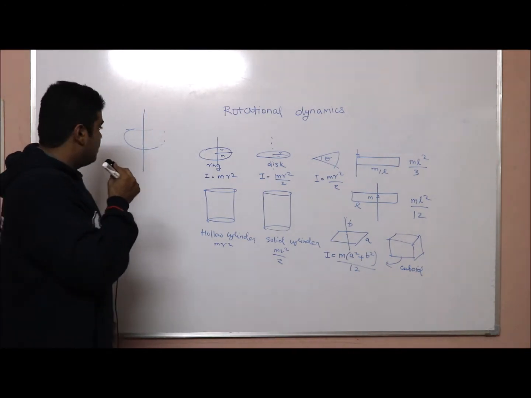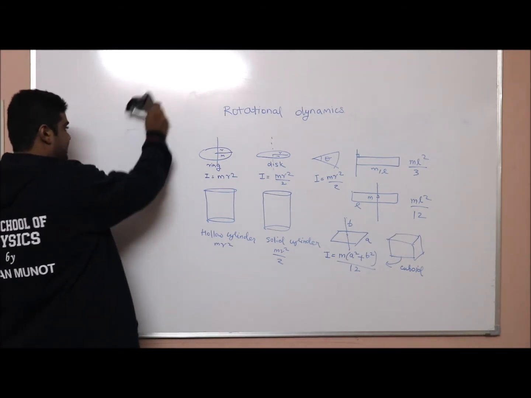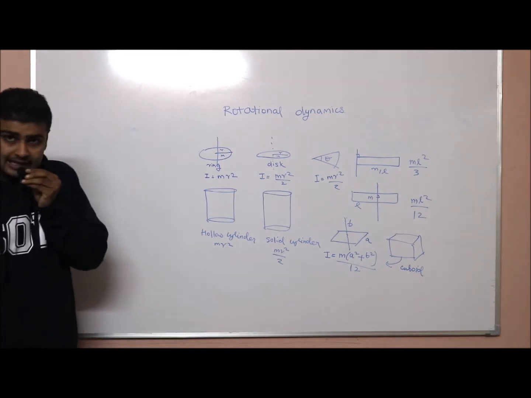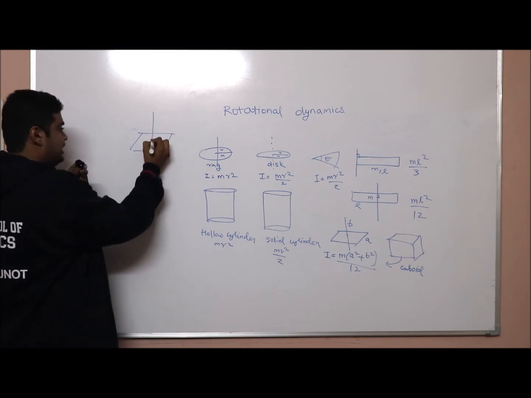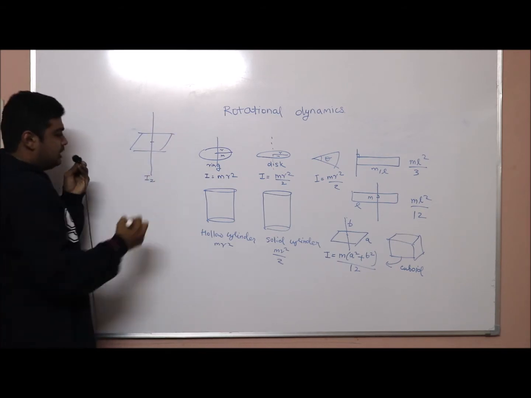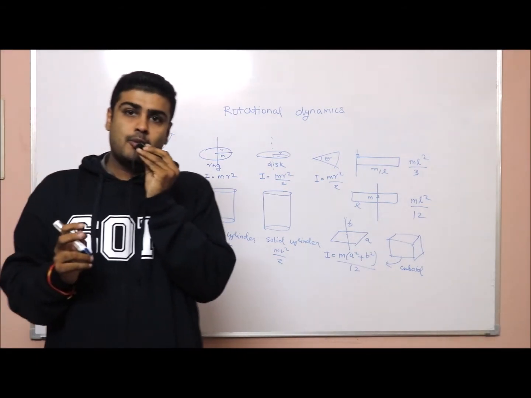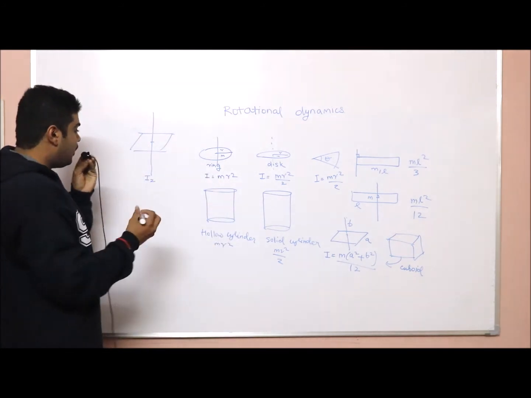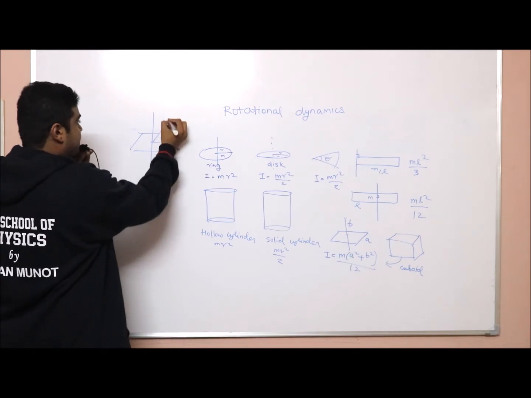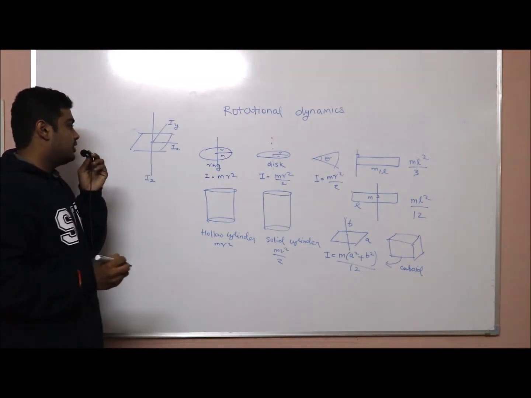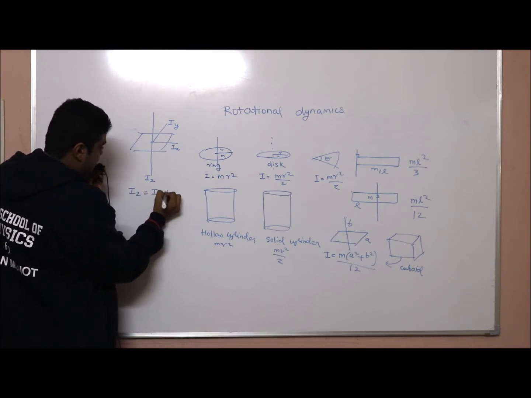The moment of inertia around the axis Iz will be equivalent to the sum of the moments of inertia of any two axes that are perpendicular to it. So what I mean to say is Iz is equal to Ix plus Iy.